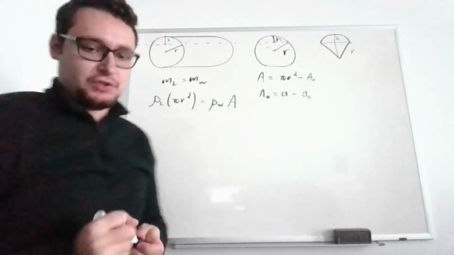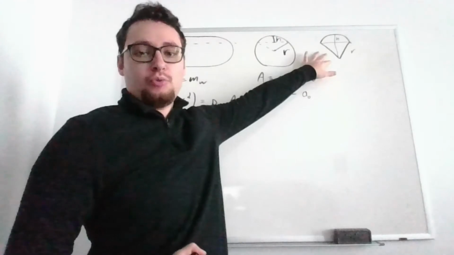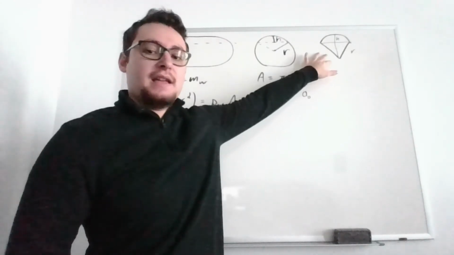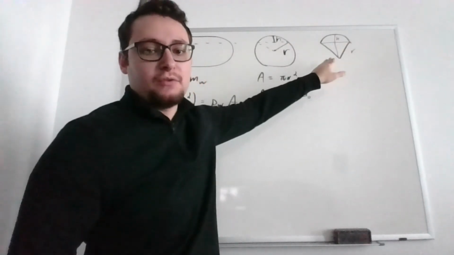So I've reduced this to a lowercase a minus a naught. So we're going to refer to this cone or slice of pie as a, and a naught is going to be anything that's not this hemisphere, so basically this lower triangle formation.